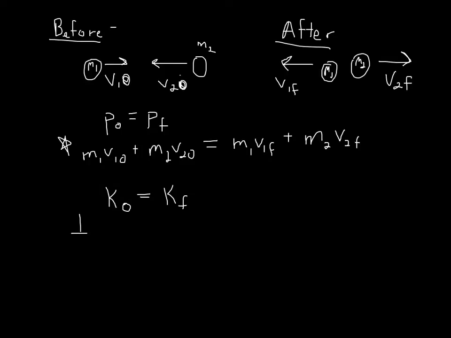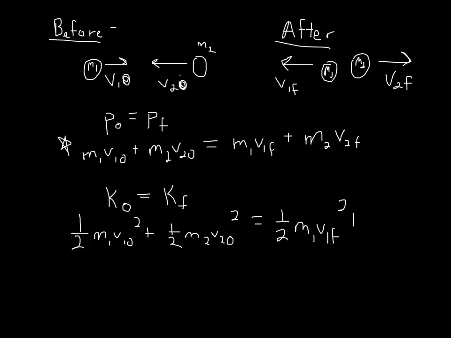So 1/2 m1 v1 initial squared plus 1/2 m2 v2 initial squared is equal to 1/2 m1 v1 final squared plus 1/2 m2 v2 final squared.